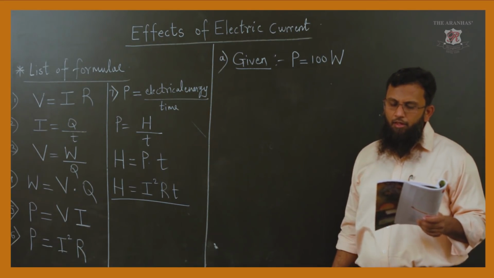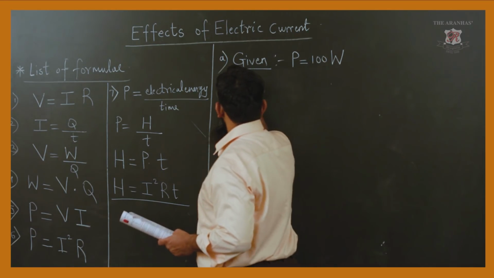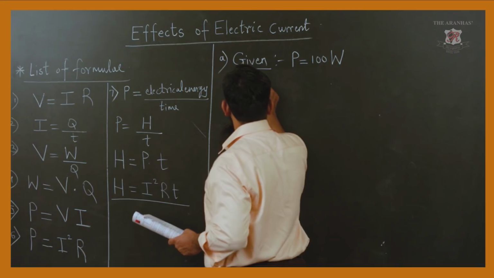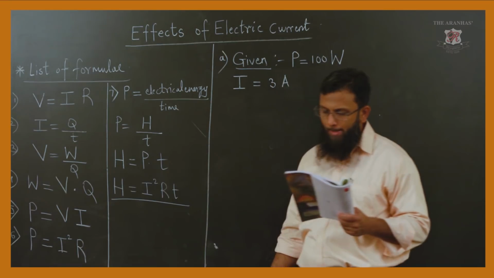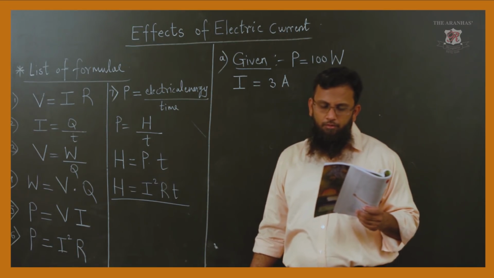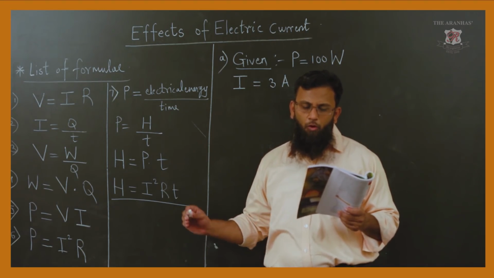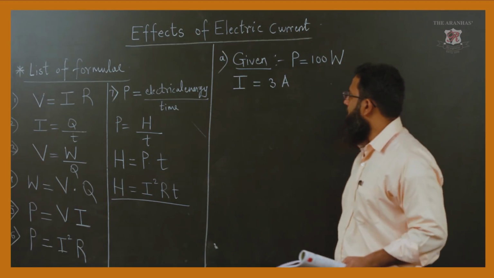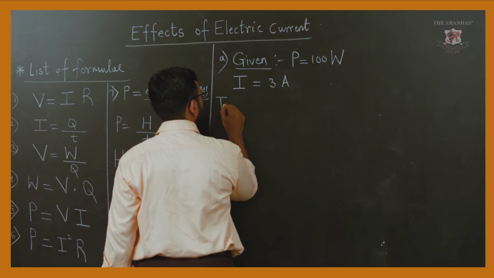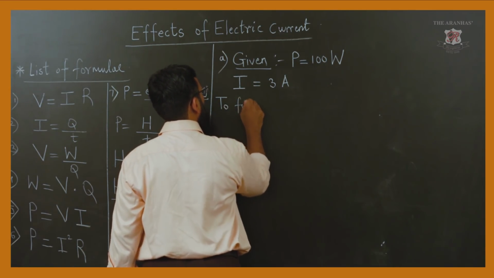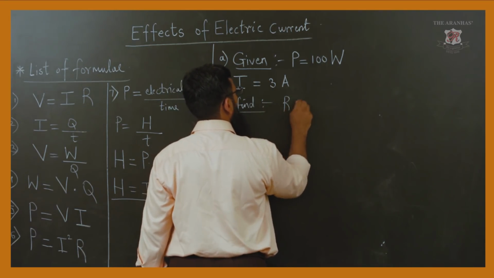Second thing is, the current of 3 ampere is flowing in the circuit. So, current is denoted by letter I, and which is nothing but 3 amperes. They have asked what must be the value of the resistance. They want to calculate resistance, so to find capital R.